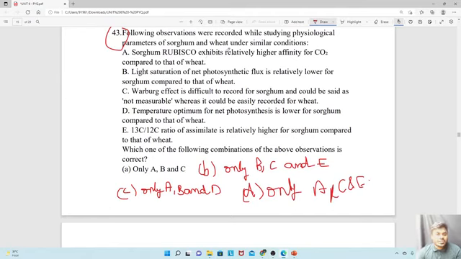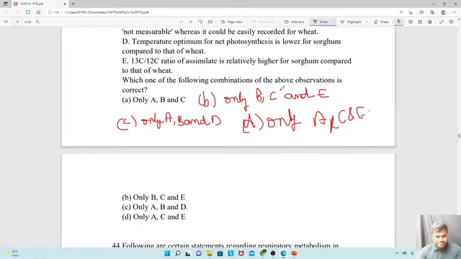The following observations were recorded while studying physiological parameters of sorghum and wheat under similar conditions. What is the given question? Given options? If you look into this, sorghum Rubisco exhibits relatively higher affinity for carbon dioxide compared to wheat. Right statement only, no?